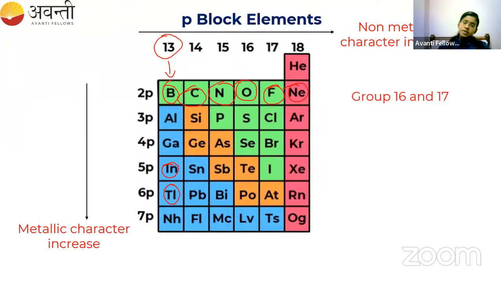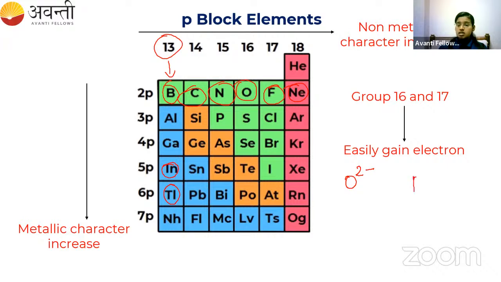Especially the elements in group 16 and 17 can easily gain electrons from other species. That's why in most cases, oxygen can gain 2 electrons and exist as O2 minus.